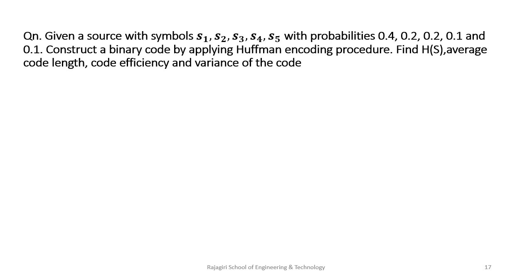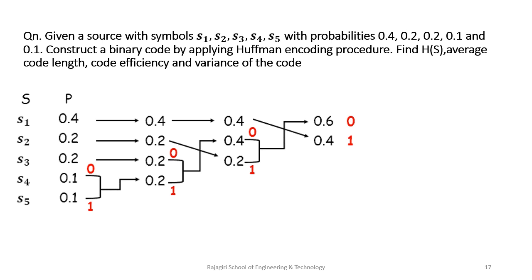So the first step in Huffman encoding is to arrange the source symbols in the decreasing order of probability. Once arranged, the two symbols having least probability are assigned a 0 and a 1, and these are combined to form a new symbol with a probability equal to the sum of the original probabilities.